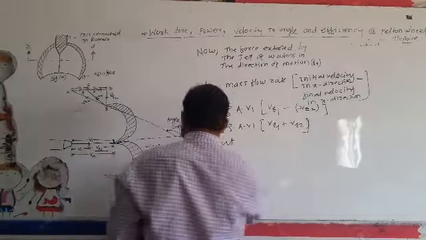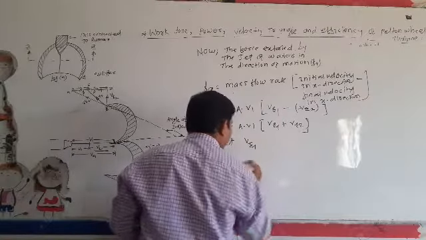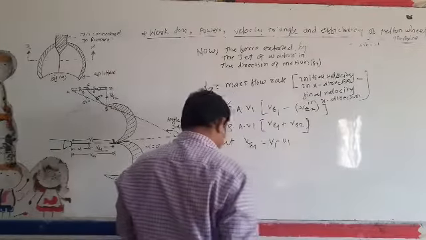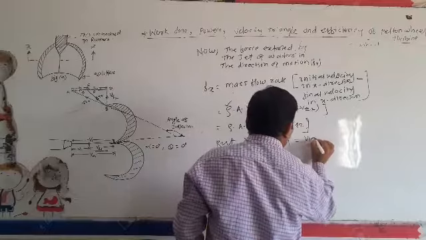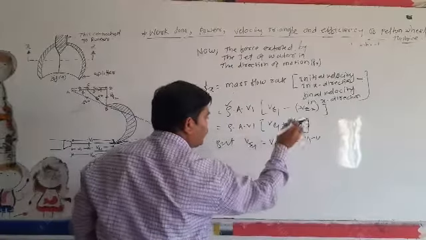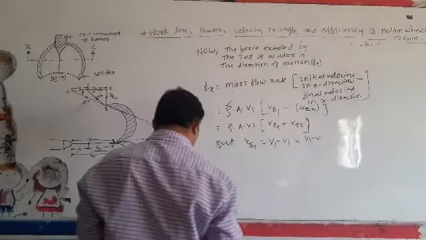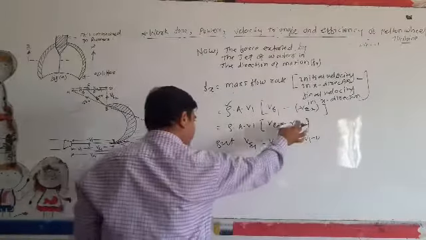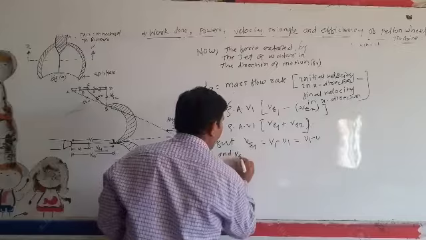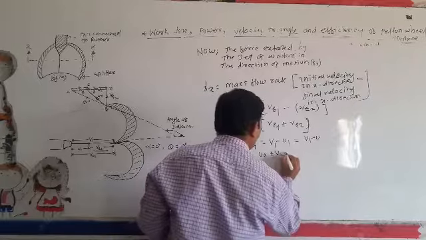From here, VR1, the relative velocity, is equal to V1 minus U1, which is equal to V1 minus U, because here alpha is equal to 0 and beta is equal to 0, hence U1 is equal to U2 is equal to U, and this value is put in the equation. And VR2 is equal to U2 plus VW2.